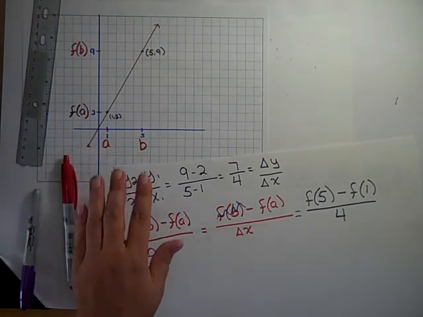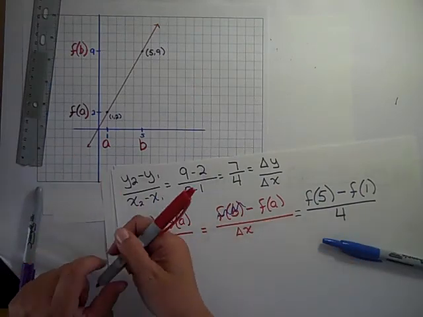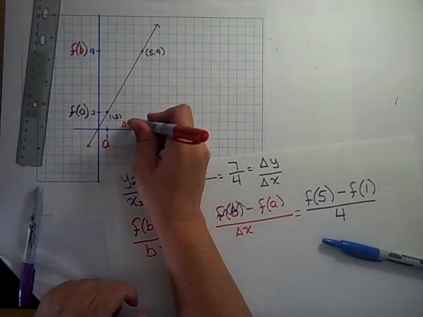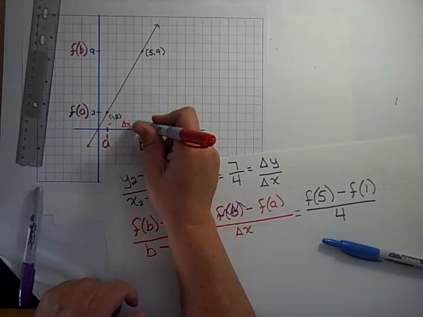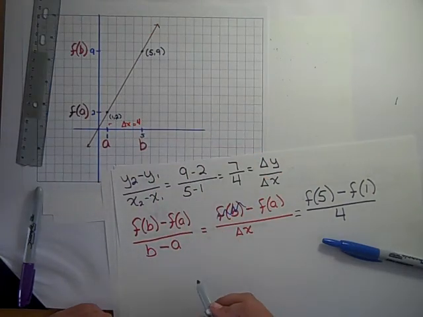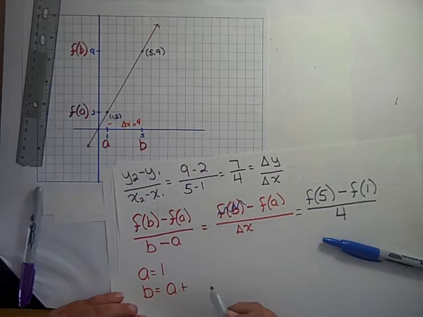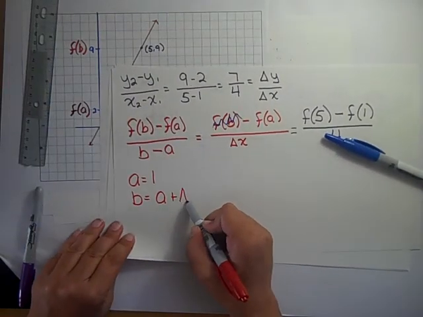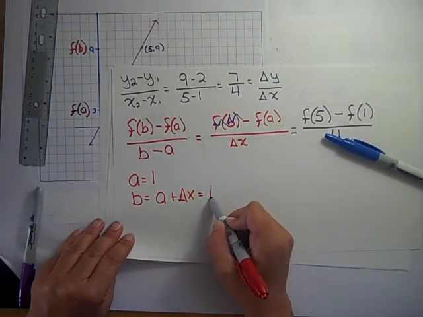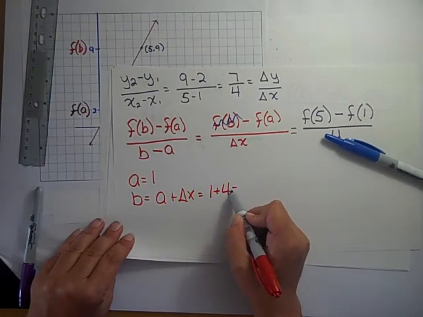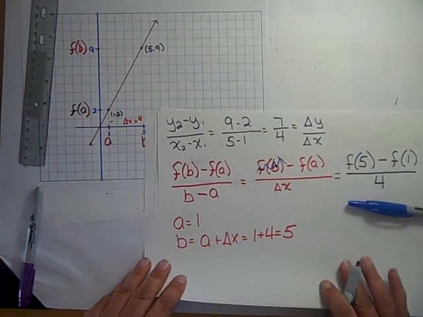What's change in x here? It's 4, right? So your delta x in this first graph equals 4. So a equals 1, b actually equals a plus delta x equals 1 plus 4 equals 5.